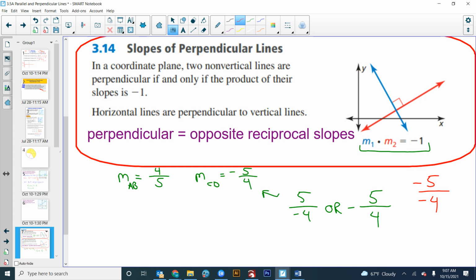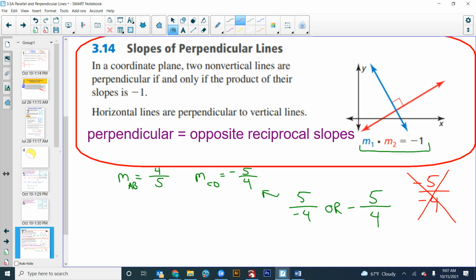This would not be opposite. So if a fraction is negative, when any one part of the fraction is negative, not both parts, any one part of the fraction is negative. So do you agree these are opposite?